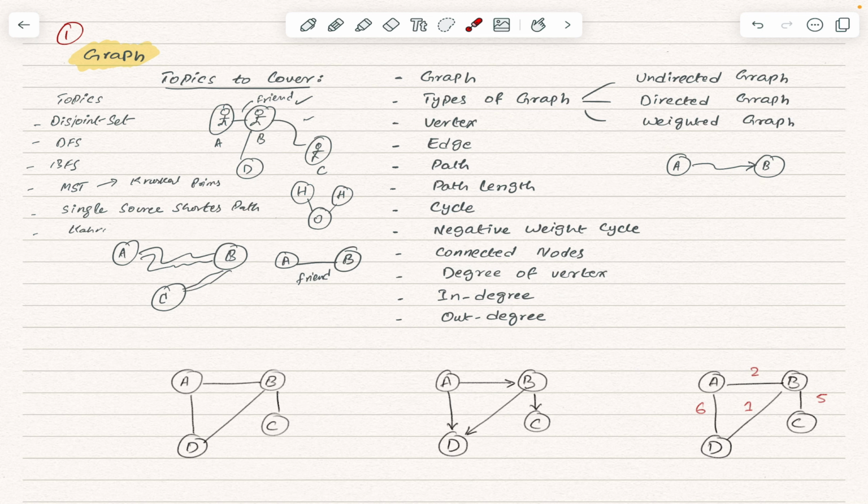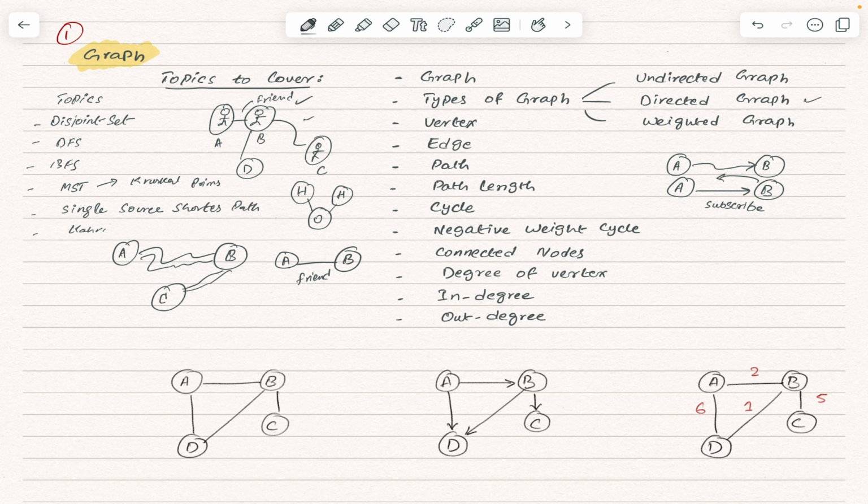Or in another way, you can think about a social network where, let's suppose, person A subscribes to a person B. In that case, we are showing that A is subscribing to person B, but it doesn't mean that B is also going to subscribe to A. So that will be called a directed graph.